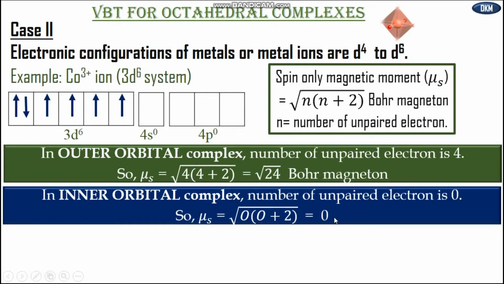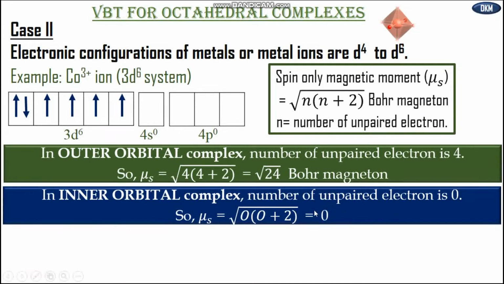You can experimentally measure the magnetic moment of a compound. So if you find a Co3+ complex having magnetic moment near to root 24 Bohr magneton, then you can conclude that the complex is an outer orbital complex of Co3+ and its hybridization is sp3d2.